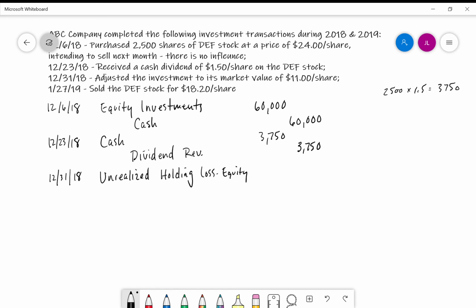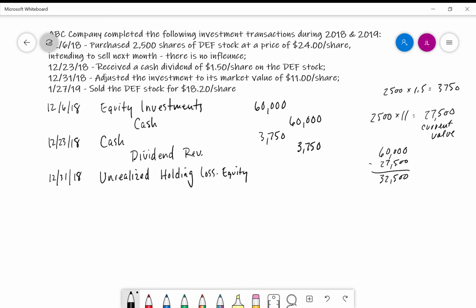Now, our loss is going to be the difference between what the value is now and what we paid for it. So we had 2,500 shares times, let's see, it's currently at $11, means $27,500 is the current value. So if we take the difference between that and what we paid for it, $60,000 minus the $27,500, $32,500.